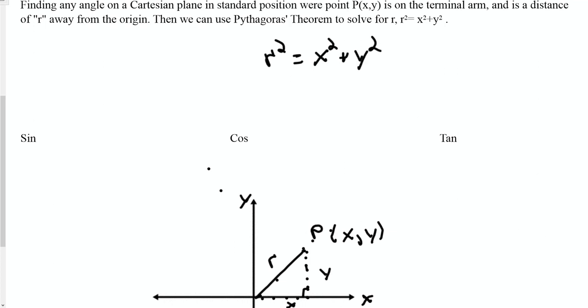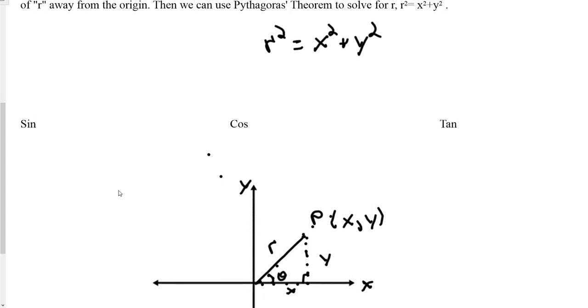Okay, and that'll give you the distance r using Pythagoras' theorem. So this here's your angle in standard position. So knowing that, we can find values for sine, cosine, and tangent, okay?